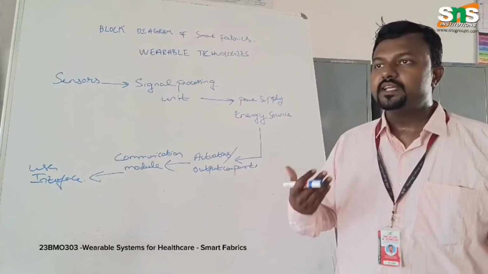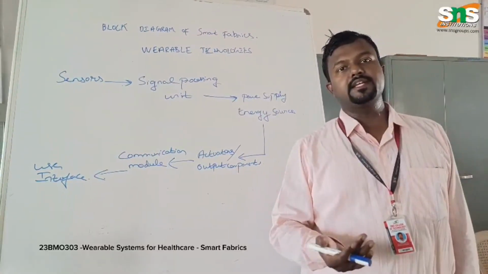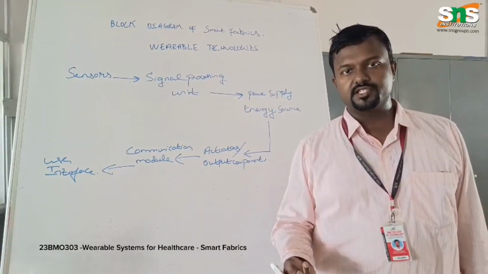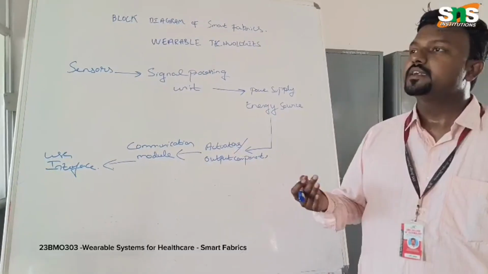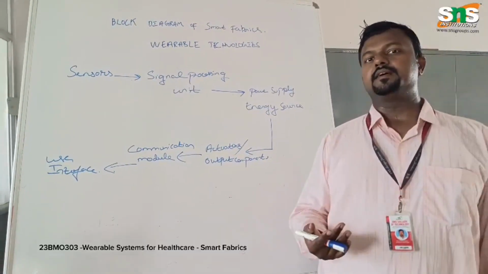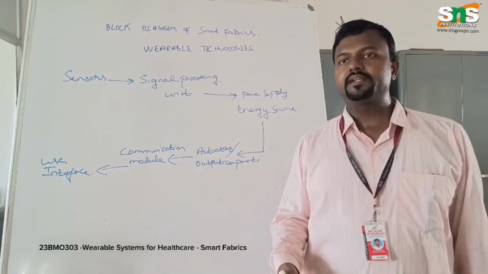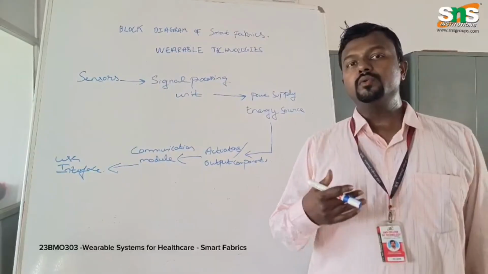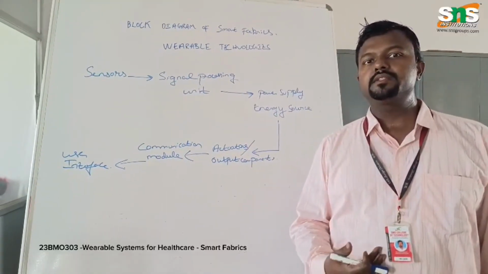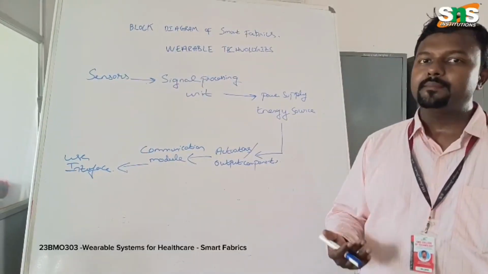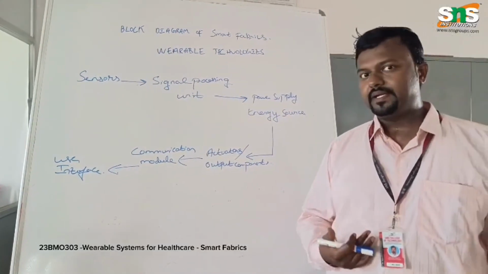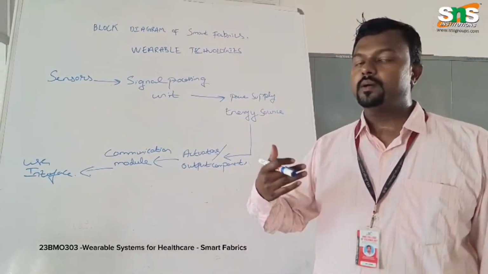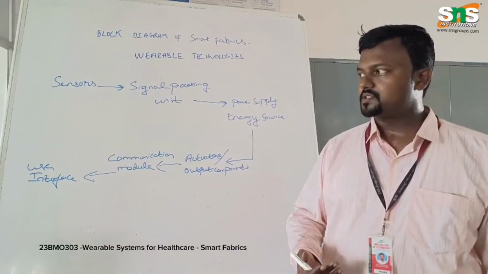For example, these t-shirts will be attached to different kinds of sensors, such as a pressure sensor, motion sensor, temperature sensor, or strain sensor, to monitor the parameters of our human body. How are these readings recorded? Using embedded technology, the different signals from our body are sent to the microcontroller or the processor.